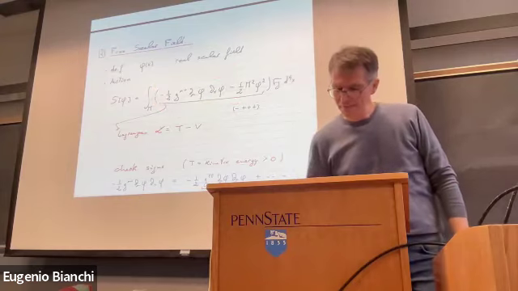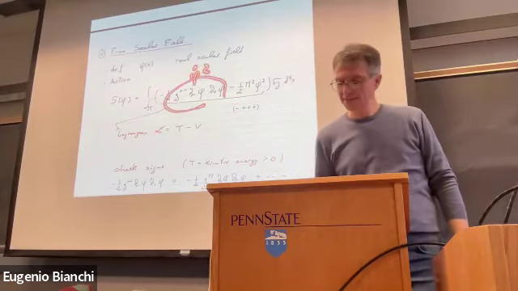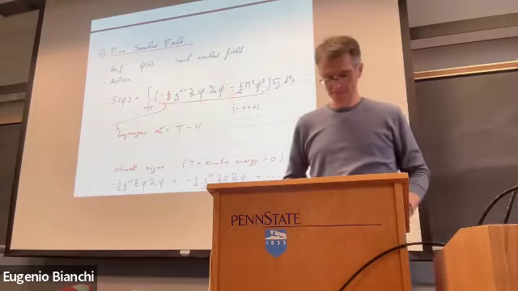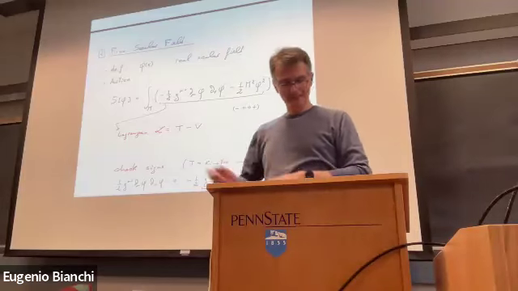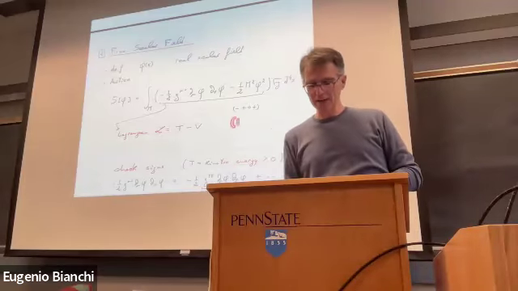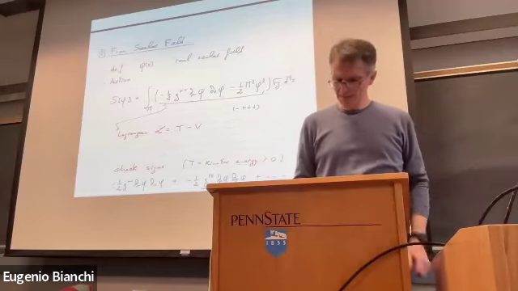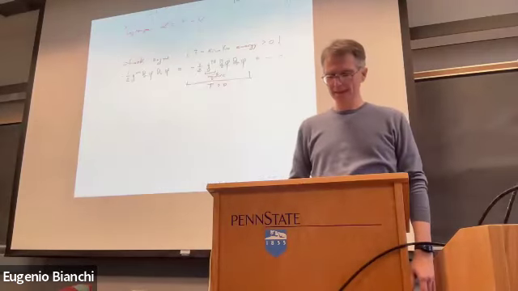No, because this is a phi dot squared, so this is positive. This should better have a minus. Okay? You might be taking another class where people use mostly minus signature. How do you know which one is correct? T minus V. No, that's unambiguous. Good.